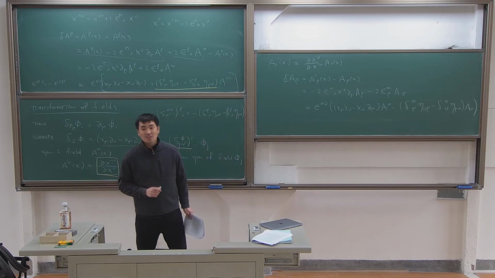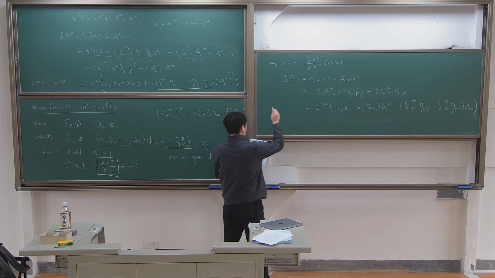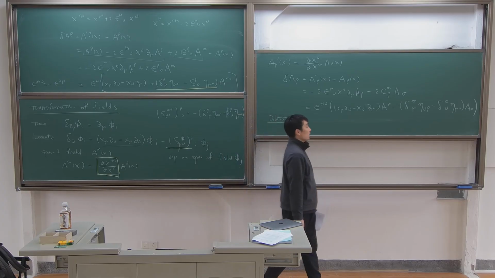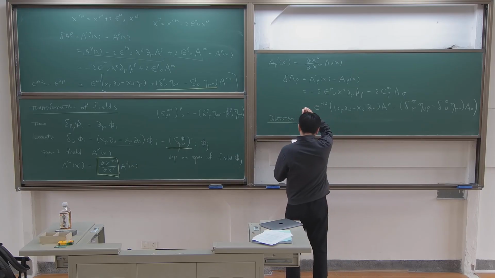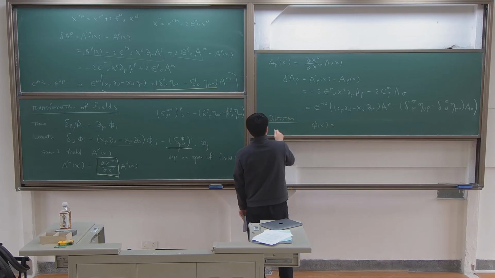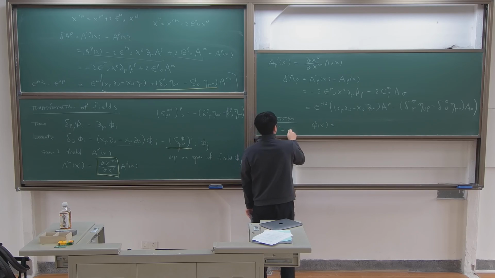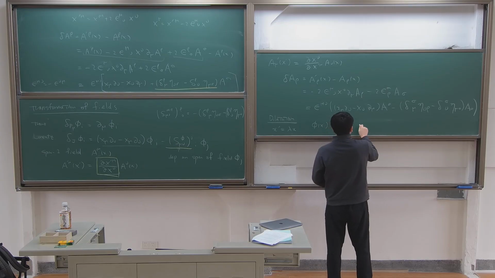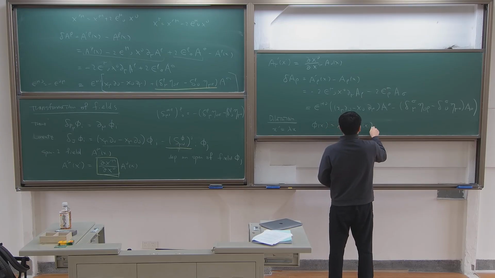So translation, Lorentz transformation. Another is the scaling transformation, dilatation. People just have the formula x prime is equal to lambda x, and the field transforms in this way: phi of x.